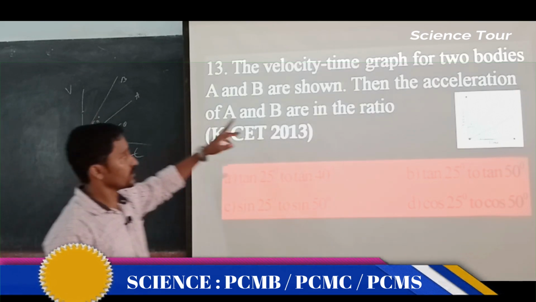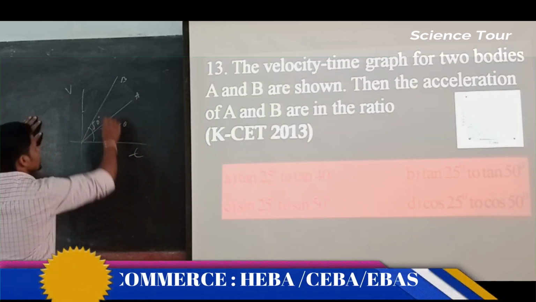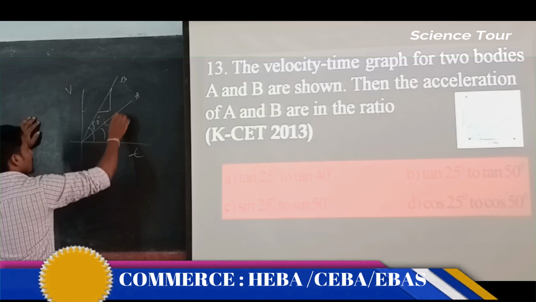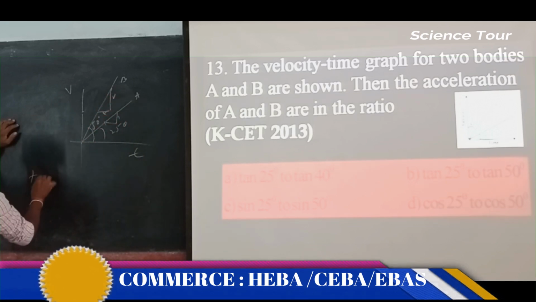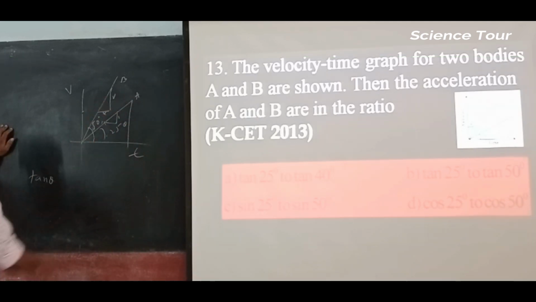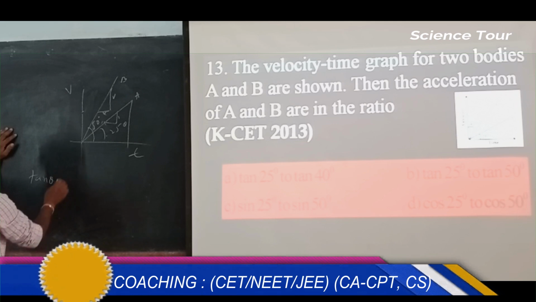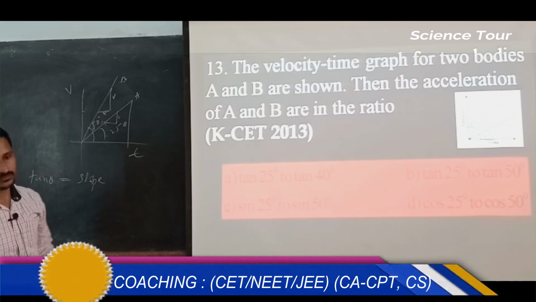Now we have to find the acceleration of A and B. What do you mean by acceleration? The slope of the velocity time graph gives acceleration. Slope means v by t, which means tan theta. Dear students, slope means tan theta, y by x.